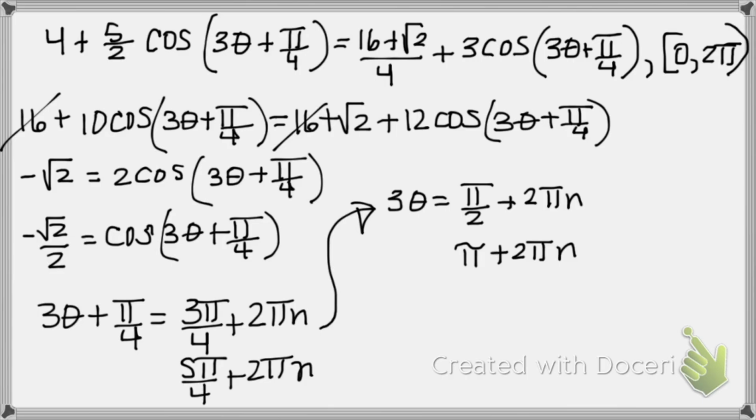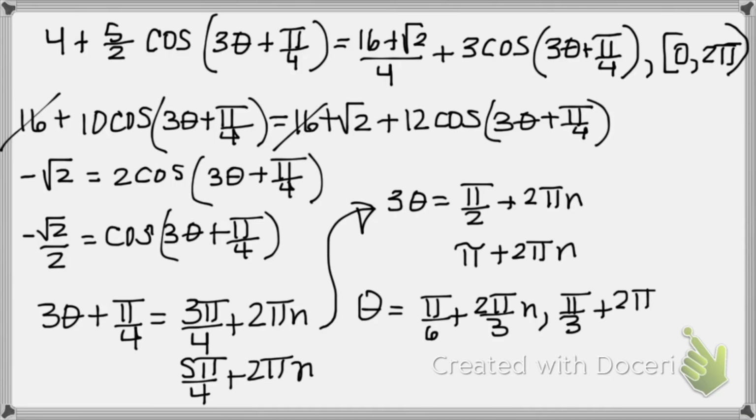All right, and then divide through by 3. I get theta equals pi over 6 plus 2 pi over 3n. And then I get pi over 3 plus 2 pi over 3n. But in this case, I only want the solutions that are between 0 and 2 pi.